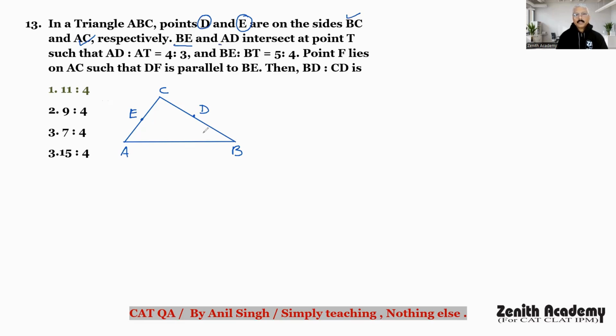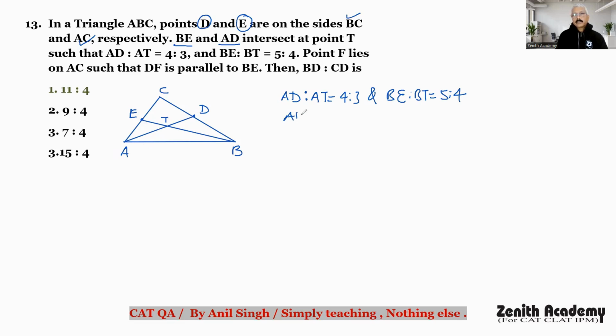BE and AD intersect at a point T, such that AD is to AT is 4 is to 3 and BE is to BT is 5 is to 4.